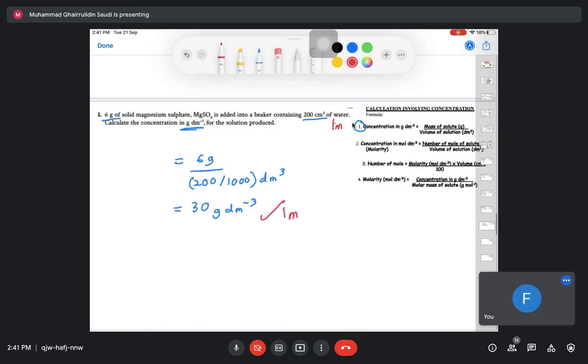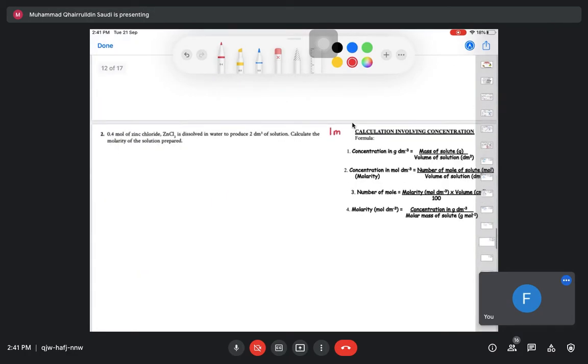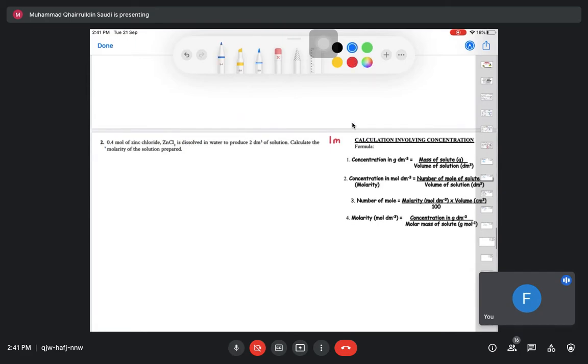Next question. Number 2. 0.4 mole of zinc chloride dissolved in water to produce 2 decimeter cube of solution. Calculate the molarity. So it will be formula number 2. The molarity is number of mole of solute 0.4 mole divided by volume of solution 2 dm cube.